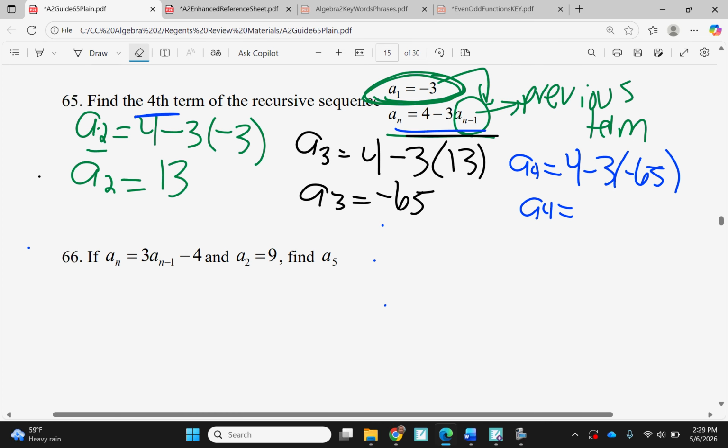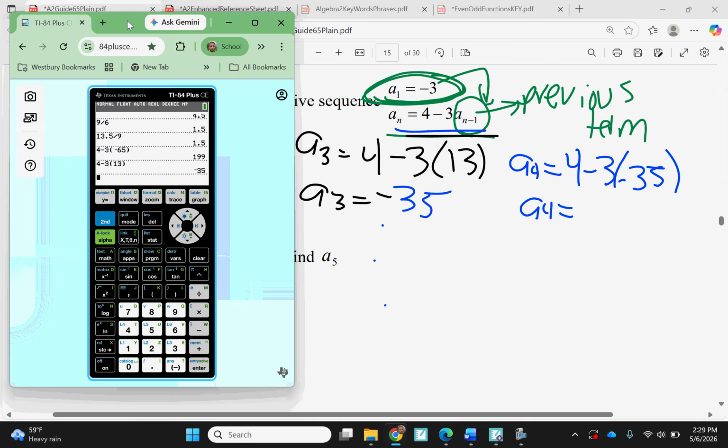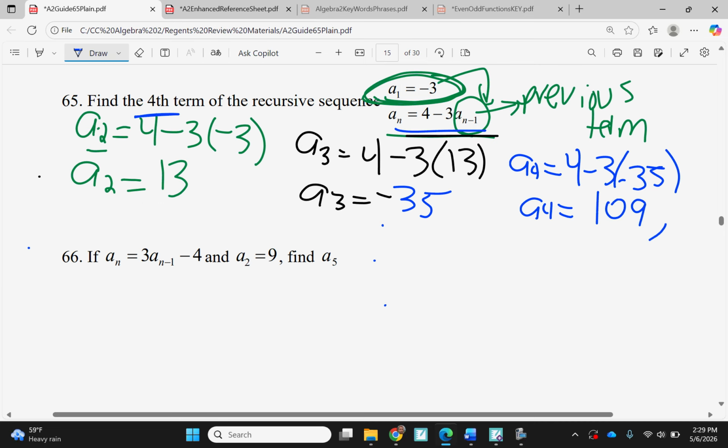That'll do it. Which makes this 109, I believe. 4 minus 3 times negative 35 is 109. Oops, I'm glad I caught my mistake. We all make mistakes. You always want to double check your things, make sure it makes sense. And I just did that right there.